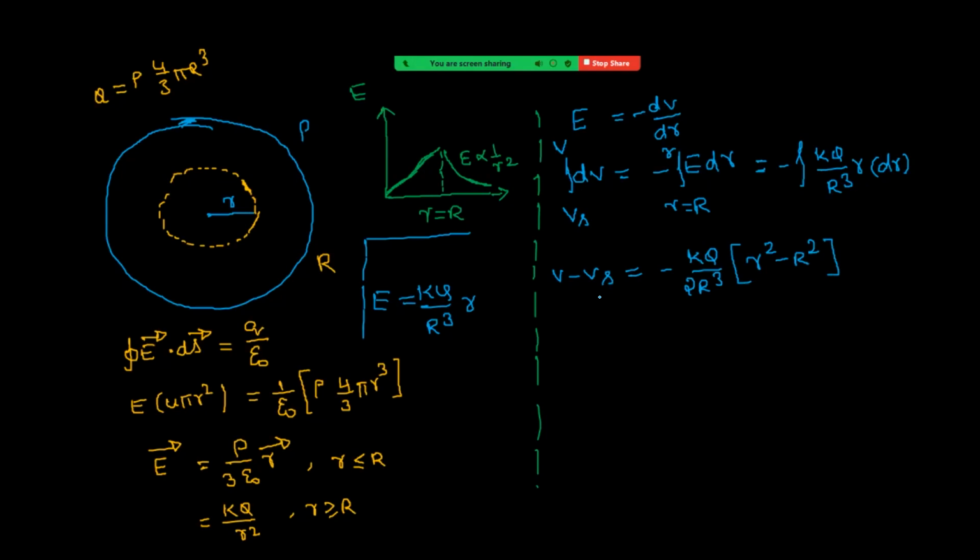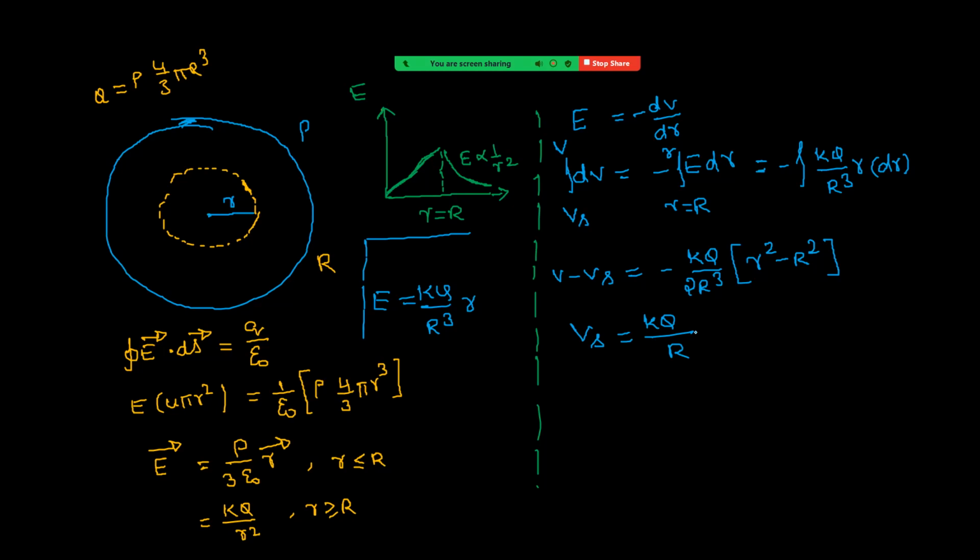Now the potential on the surface is simply the same as due to a point charge, kq by capital R. This is what we discussed while taking potential due to a hollow sphere: on the surface kq by capital R, outside same as due to a point charge.